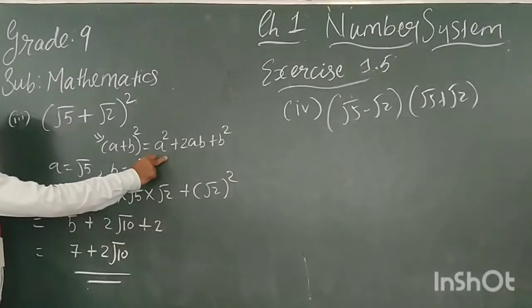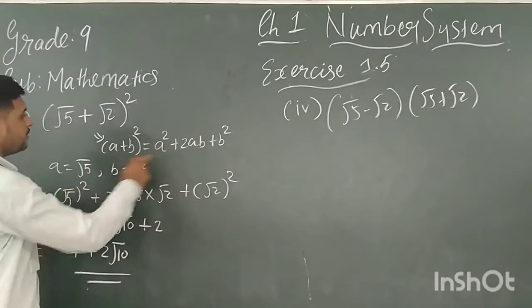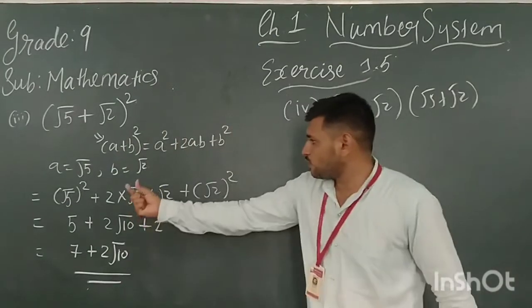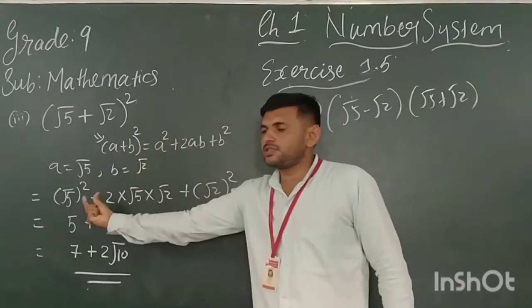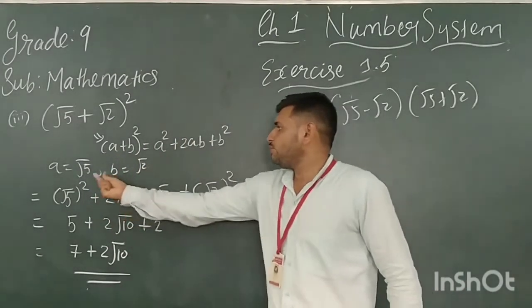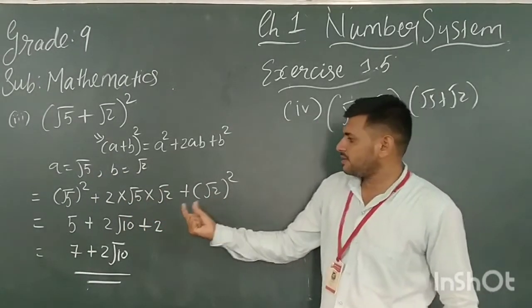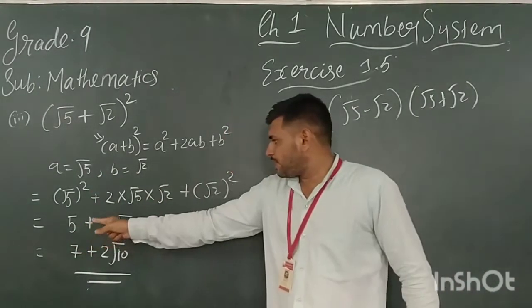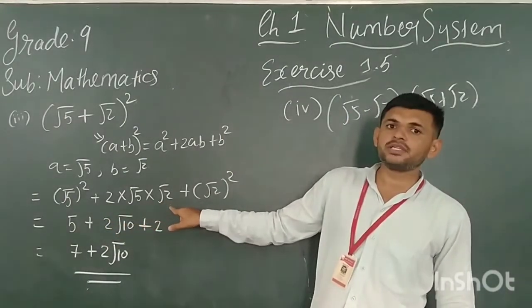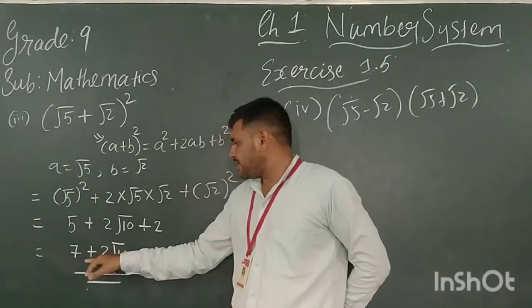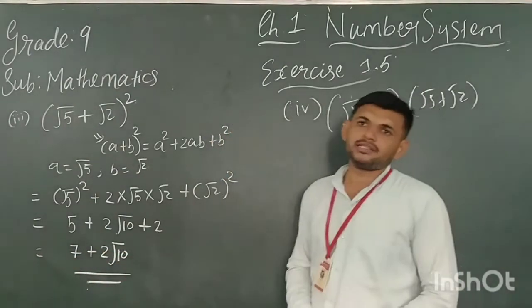Take a as root 5, b as root 2. Now solve: a square, root 5 square, plus 2 into a root 5 b, plus b square. So 5 plus root 5 into root 2 gives root 10, plus 2. So 7 plus 2 root 10 is our answer.